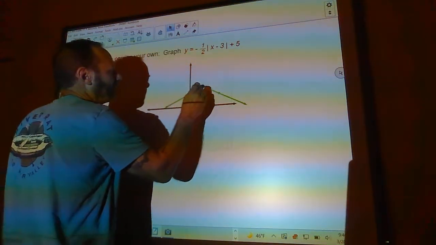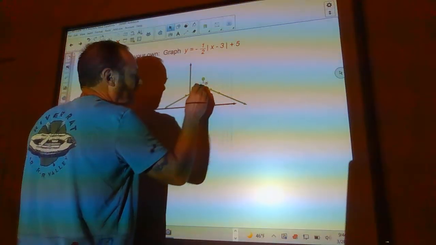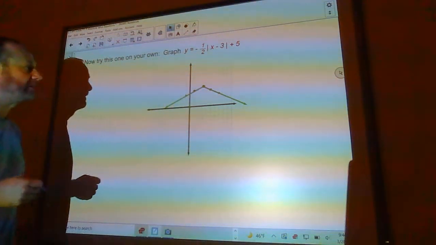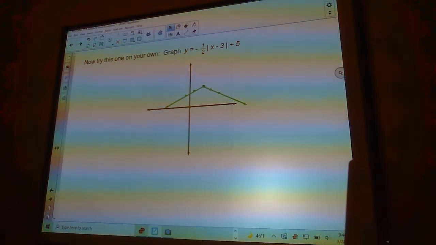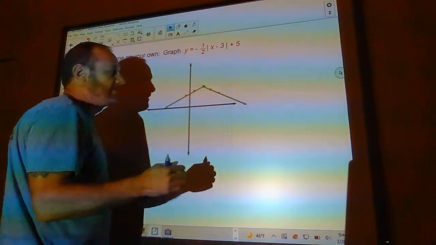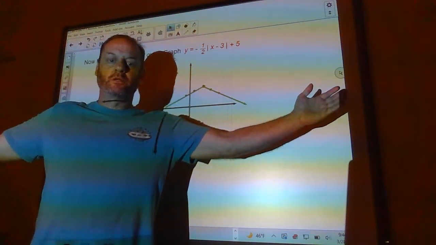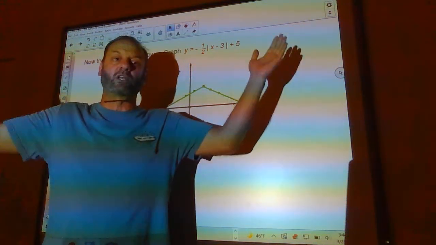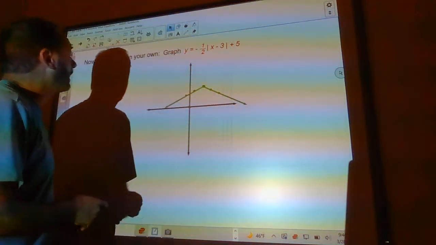Let's see if I hid that thing back there. No, apparently not. So that's what your graph should look like. So when I have a number out here that's between 0 and 1, that thing's going to get wider. If this number is bigger than 1 or smaller than negative 1, it's going to get narrower.